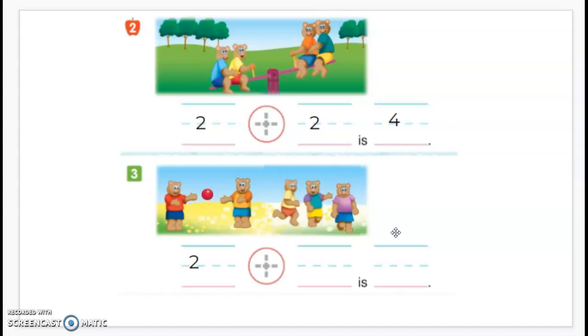They look like they're playing tag, or they're chasing each other, huh? So there's 1, 2, 3. We're going to write the number 3. Let's find out how many there are in all. 1, 2, 3, 4, 5. Let's read this. 2 plus 3 is 5.